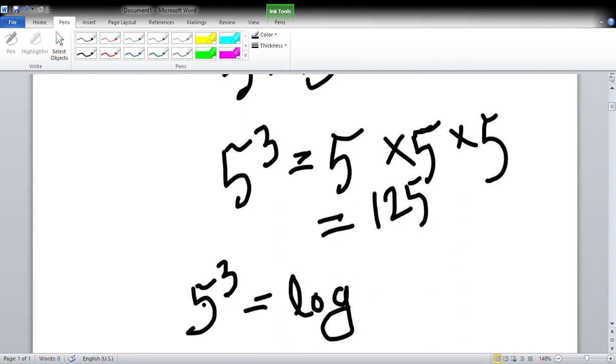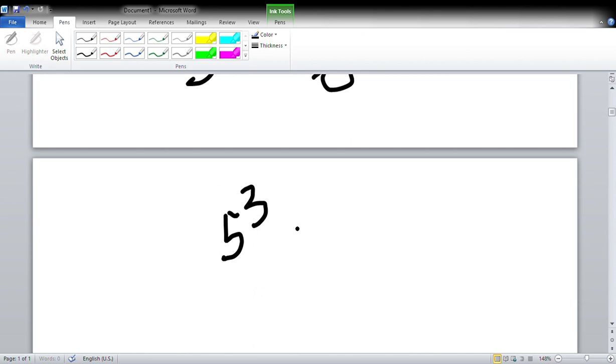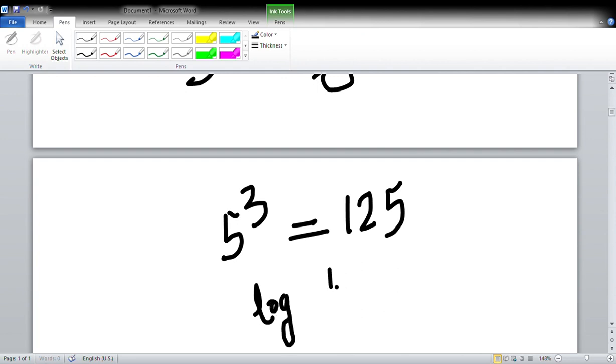I'm extremely sorry. Suppose we write 5 to the power 3 is equal to 125, right? If you convert it to logarithmic form, you write log of 125 with the base 5 is equal to 3.